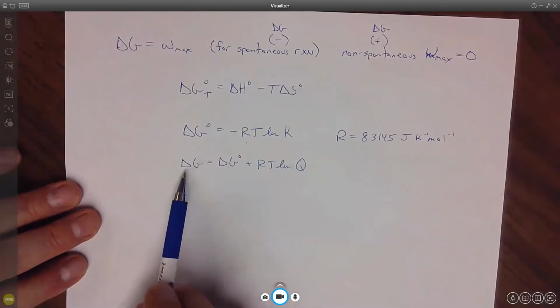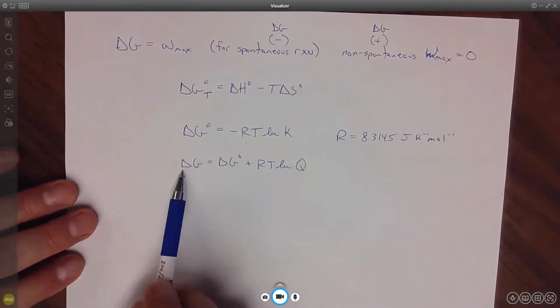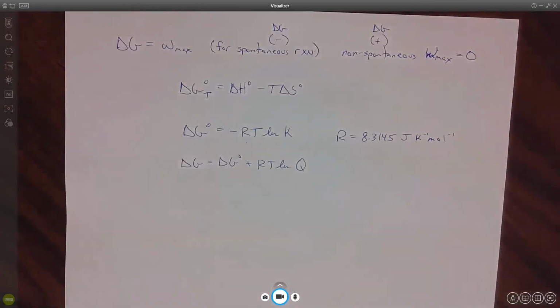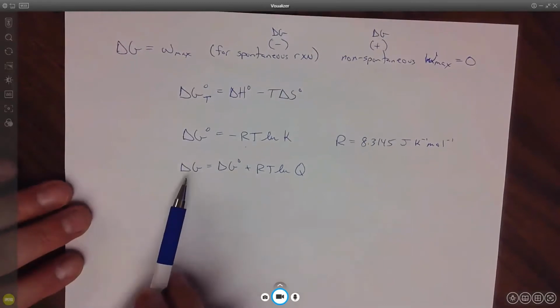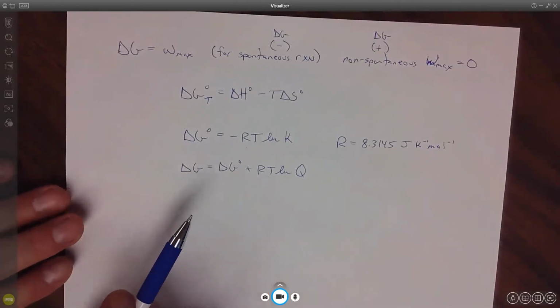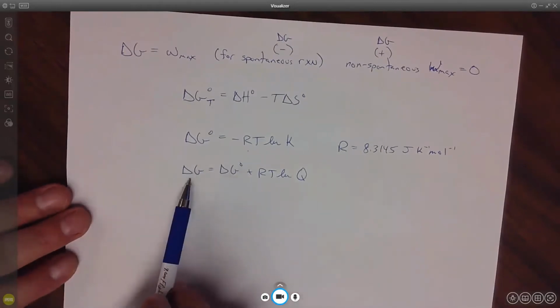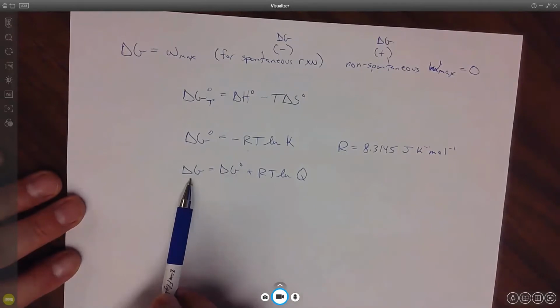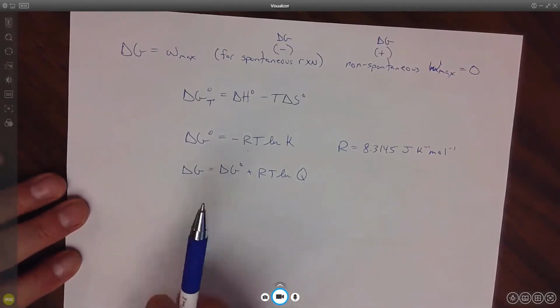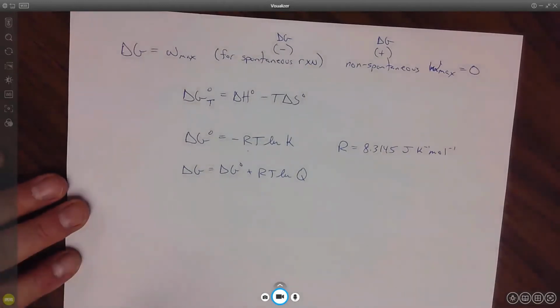And again, we're going to see that if del G is negative, it's going to proceed in the forward direction, right? Because it's going to be spontaneous, and we associate spontaneous with going in the forward direction. And if del G is positive, that means we have too many products. It's going to be non-spontaneous. And in chemistry, what non-spontaneous means is that it's going to go from products to reactants if it's not at equilibrium.